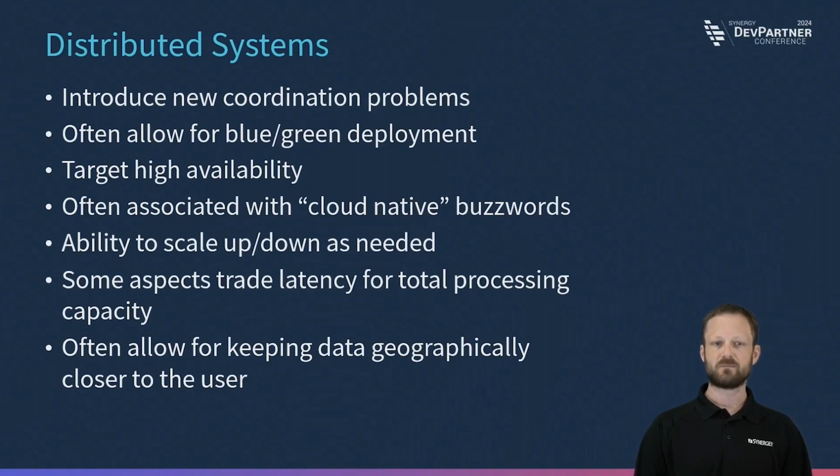Distributed systems let us do that because they've already tackled all of the difficult problems around coordination across those two deployments and how to share data across those two deployments.